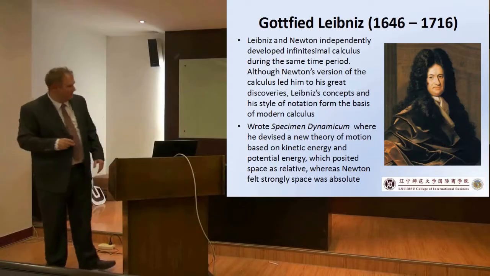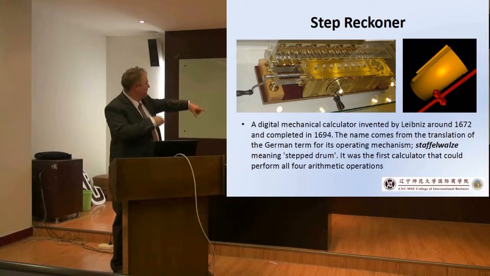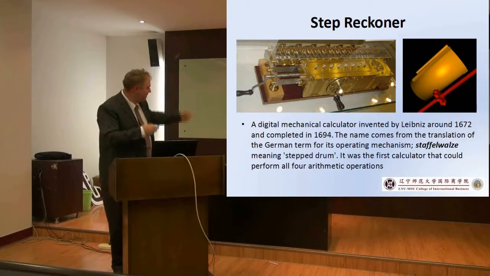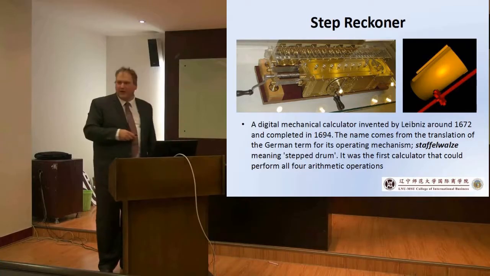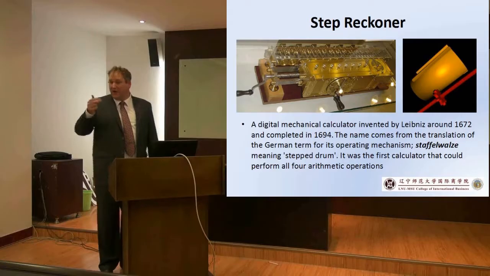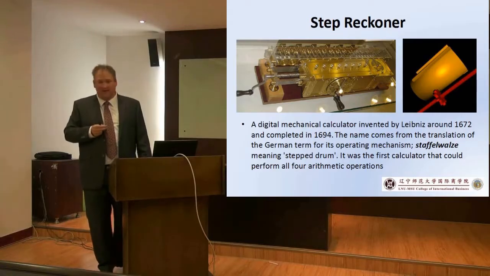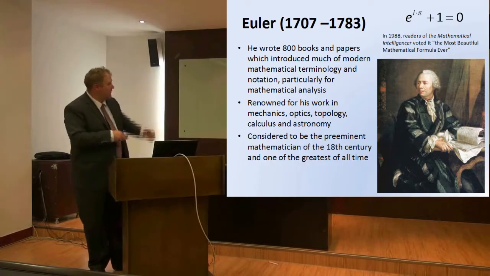I don't care too much for Newton, but anyways, very good guy. He created a step reckoner. He also had an idea of a calculator, pretty interesting. So he used base 2 numbers, what we call binary, to solve problems, multiplication, adding, subtracting, and so forth.